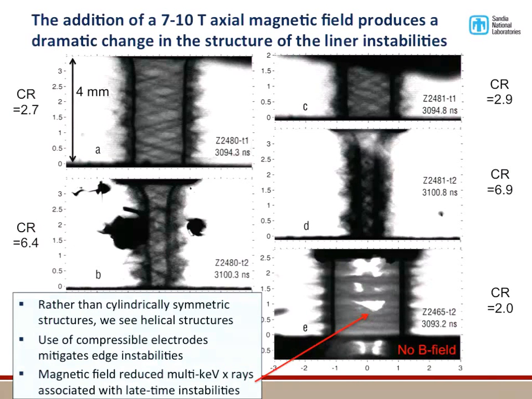And it's that horizontal structure that we saw earlier, that ring-like azimuthally correlated structure. We applied the BZ field, and instead of ring-like structure, you get this helical structure. You get this crosshatch pattern because you're seeing through the front and back side of the liner. So you're seeing the positive and negative slopes, but it's actually multiple helices intertwined.